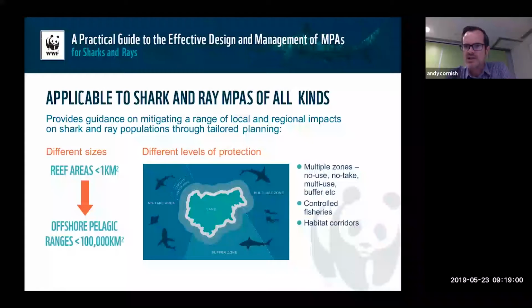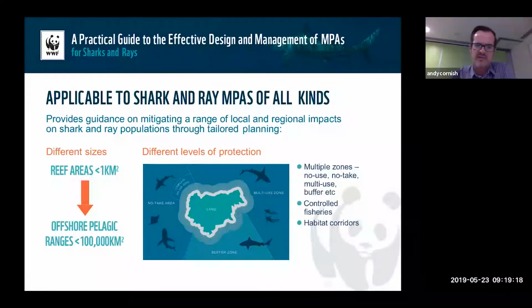The grey nurse shark or the raggy-tooth shark in Australia, they've identified, I think it's around 20 aggregation areas where small groups of that species aggregate in very set places pretty much every day, and then the animals go off and hunt at night. So identifying those places and putting some level of protection around them, those critical habitats, can be very effective. So the message is not that shark and ray MPAs have to be very large.